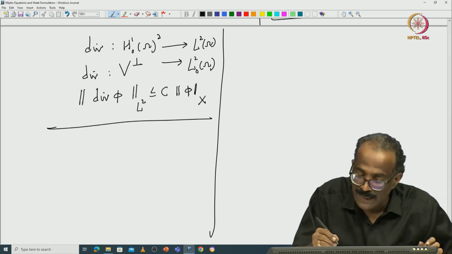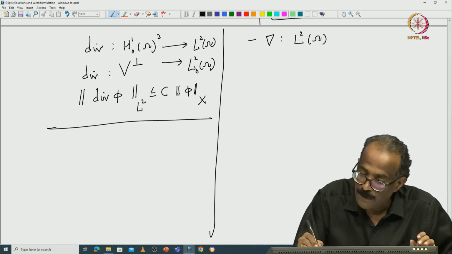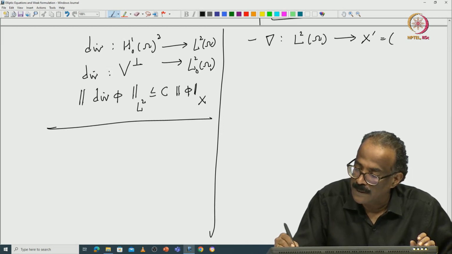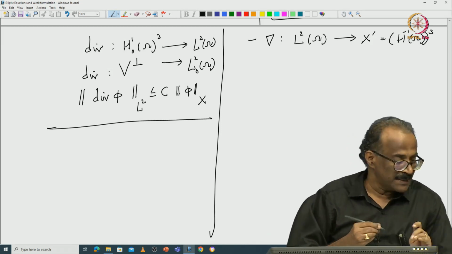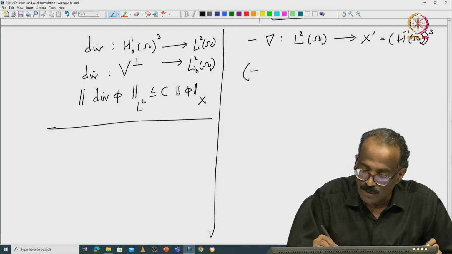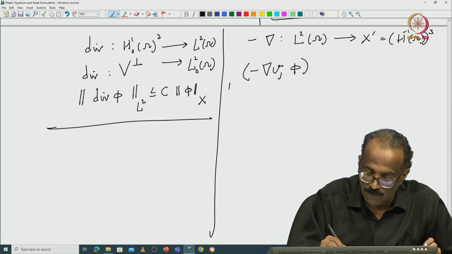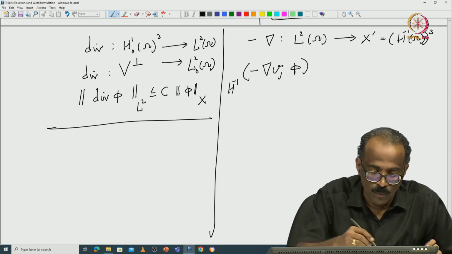But what is the gradient? Your minus gradient is a mapping from L2 of omega to X prime, that is H minus 1 of omega cube. How is it defined? The minus gradient of V should act on H1 naught, so the minus gradient of V should be in H minus 1 cube.